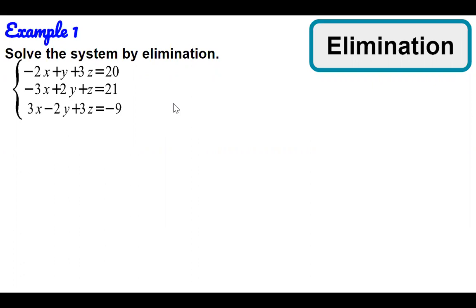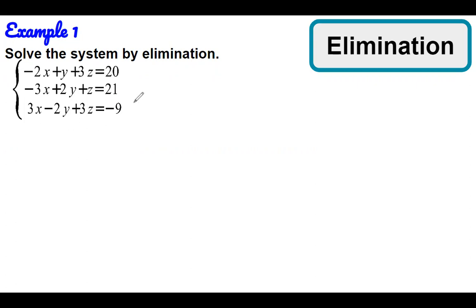So we're going to look at the coefficients of all of the variables, and we want them to be same number, opposite signs. If they're not, then we have to manipulate our equations by multiplying them with a certain value so that they can be same number, opposite signs. Okay, so that is the goal.